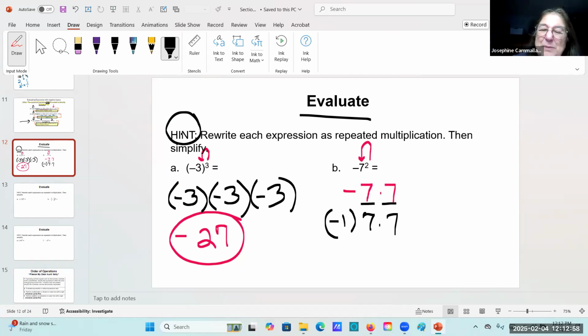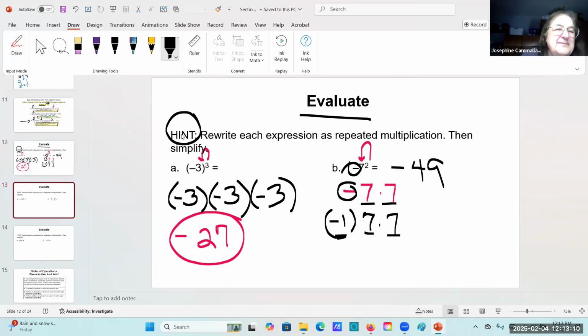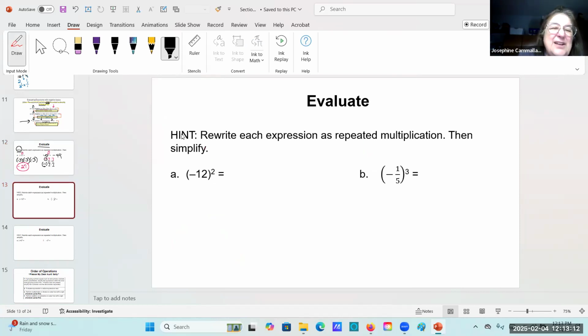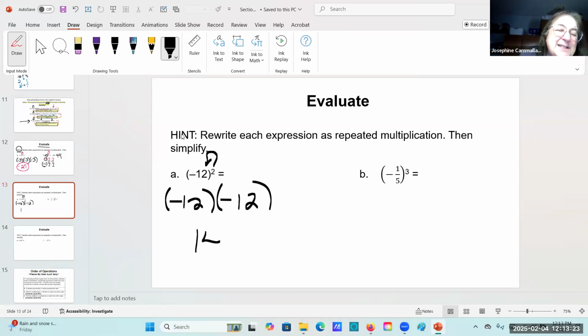The 7's repeat. This negative is representing -1. The 2 is in front of the parentheses. This is going to give me a positive 144.